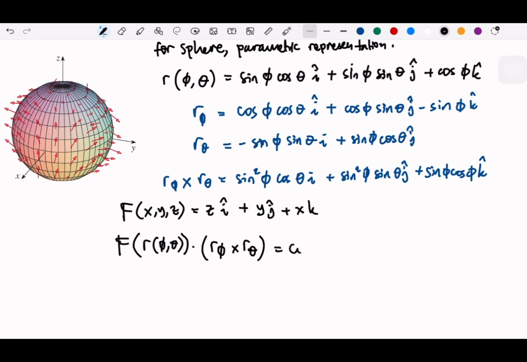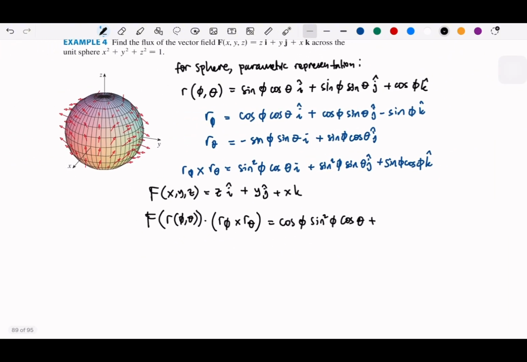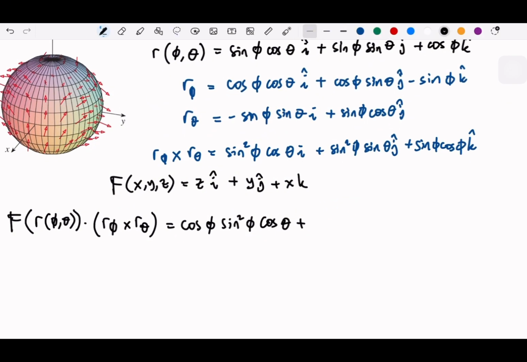So this will be cosine phi sine squared phi cosine theta plus sine cubed phi sine squared theta, which is quite long, so let me just write the result: sine squared phi cosine phi cosine theta.